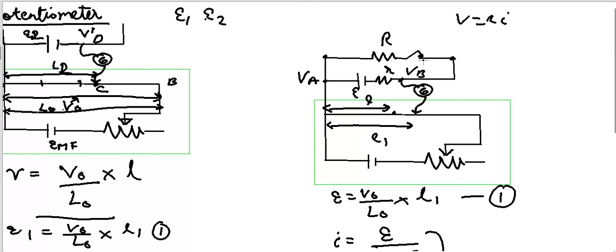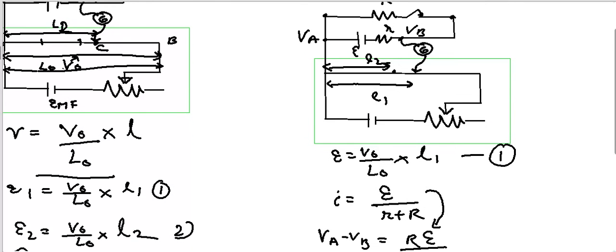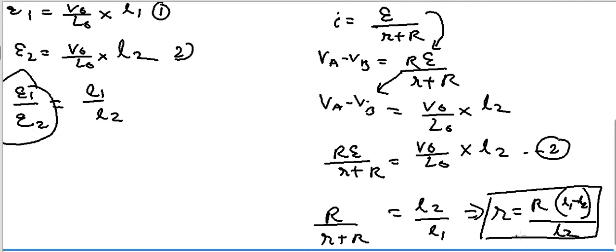Then I close this switch and find the point L2 when there is no current flowing through this galvanometer. Then, using that L1, L2 and knowing the value of capital R which I am using, a resistance whose value I know, I can calculate the internal resistance of the battery using this formula.